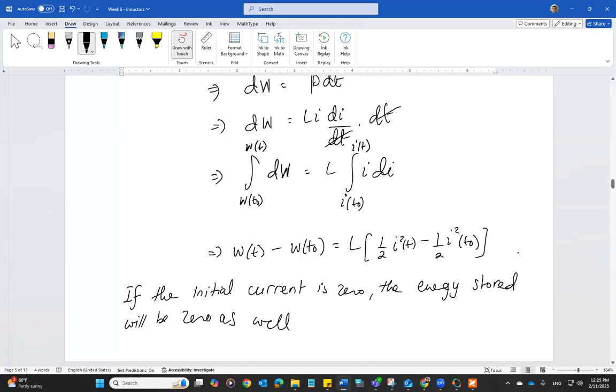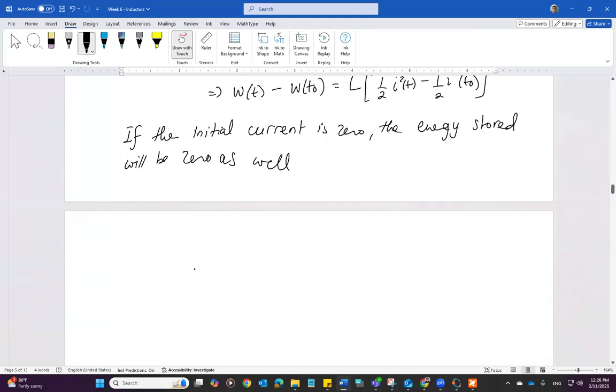Therefore, if we ignore W(t0) and I(t0), we get the usual energy equation, that is W is equal to half L I squared. And this is the equation that is used to calculate energy stored in an inductor at any instant of time t.